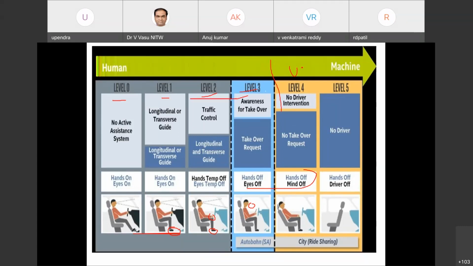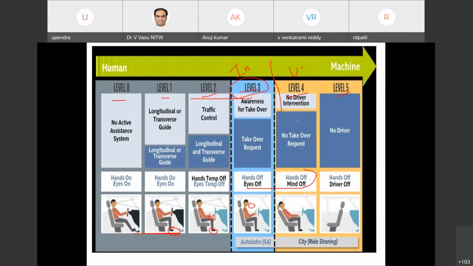But in level 3, we have components like automatic car parking and driver assistance, like parking and collision resistance. We can see these things in Indian cars also, up to level 3, but level 4 is not there. But Google or Tesla has reached level 4. They are still going for level 5.